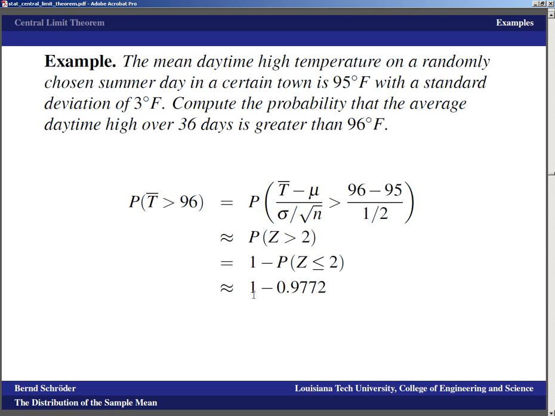You look that value up in a table, that's approximately 1 minus 0.9772, which means we get that this is equal to 0.0228. And so that would solve this problem.